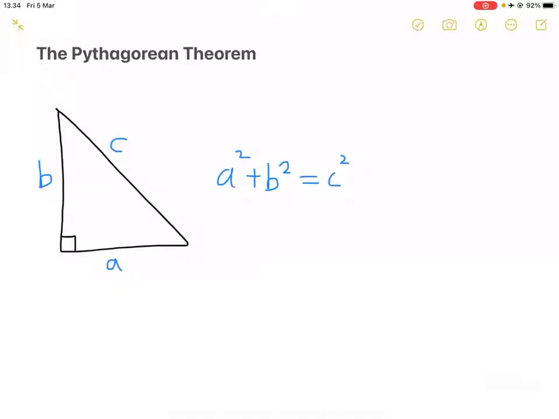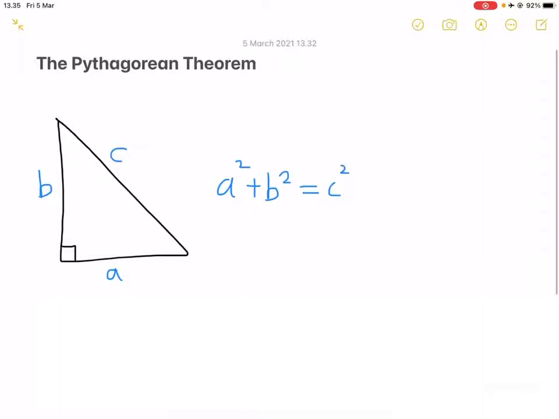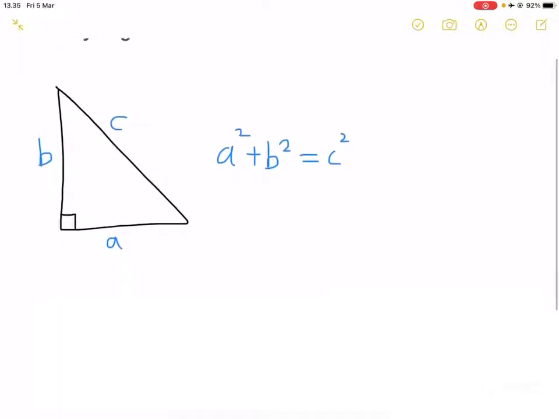But it is also applied in real life, to constructing houses and calculating the coordinates of GPS and things like that. So I decided it's pretty interesting to put this in the playlist. So the Pythagorean theorem is as so.